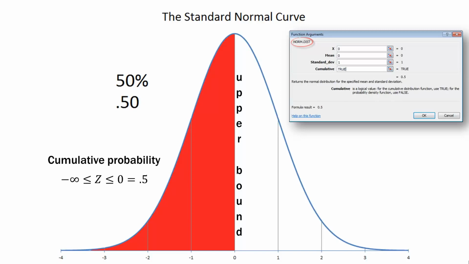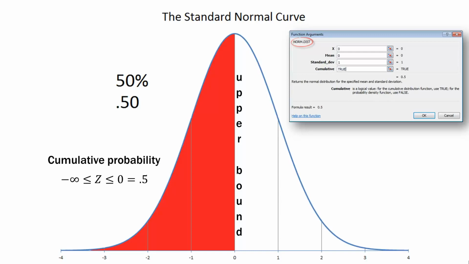Our mean is also 0 because we're using the standard normal curve where the mean is 0. The standard deviation is 1, again because we're using the standard normal curve. Cumulative is true or false. In this case, we're selecting true because we are interested in the cumulative probability up to 0. Now if you look, that gives us an answer of 0.5, in the lower left there, formula result, 0.5.